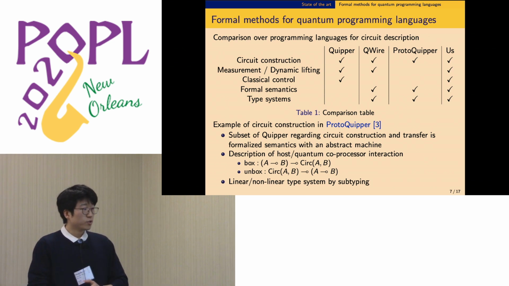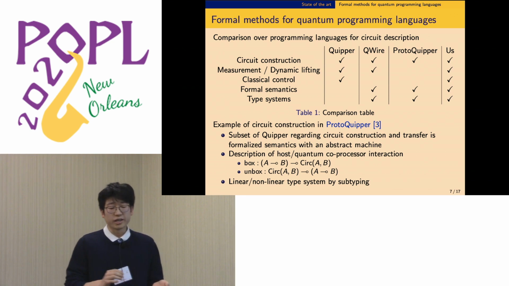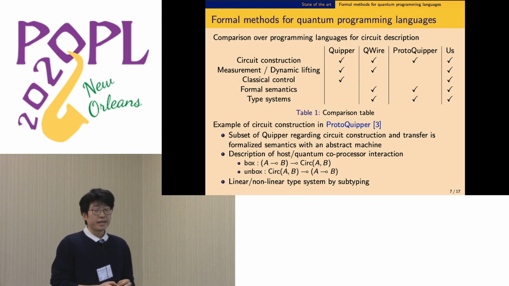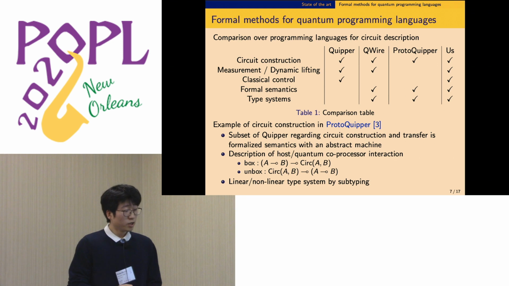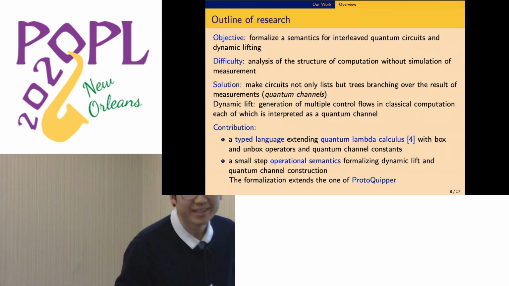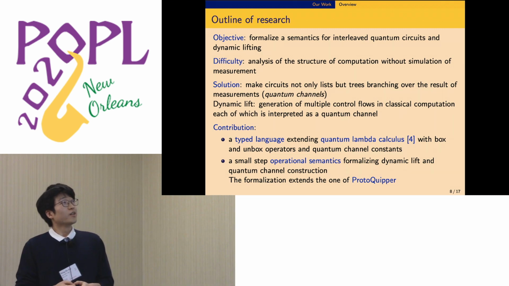The idea of these two operators is that box, given a function, creates a first-class object called a circuit, and unbox transfers this circuit object into the quantum coprocessor. And this language comes with linear and non-linear type systems by using subtyping. And we move on to our work.